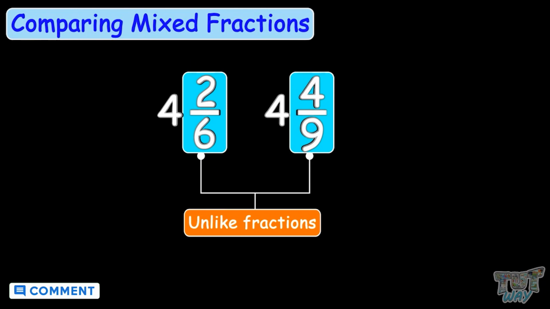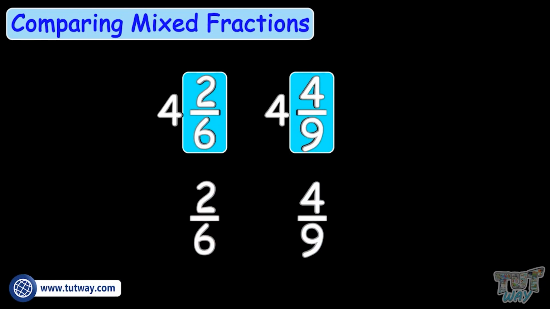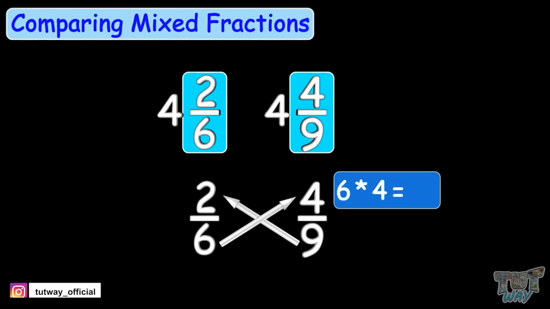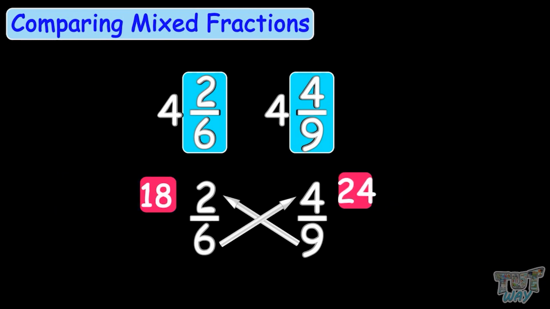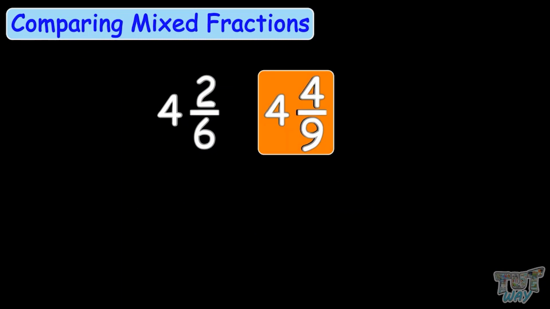We will multiply the numerator of one with the denominator of the other, like this. 6 multiplied by 4 is 24, and 9 multiplied by 2 is 18. And we get a bigger product on this side. So, this fraction, 4/9, is bigger.